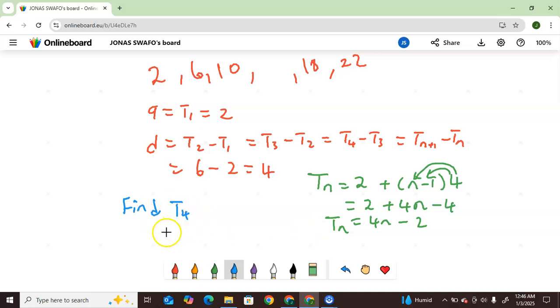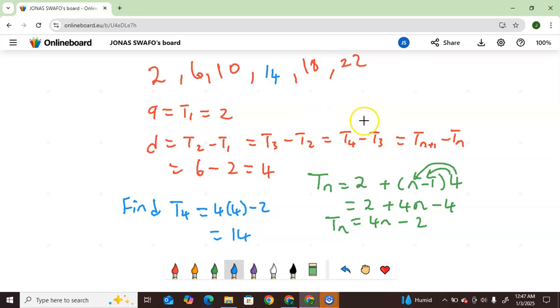If they ask you to find T4, where there is an n from the general formula, you're going to substitute your 4. So you're going to have 4 times 4 minus 2. 4 times 4 is 16. 16 minus 2 is 14. So just like we had here, it was 14, right?